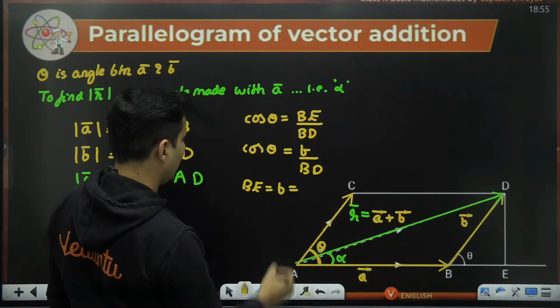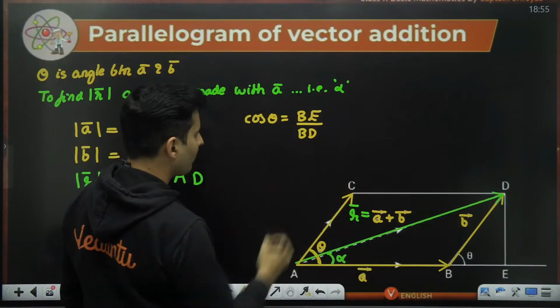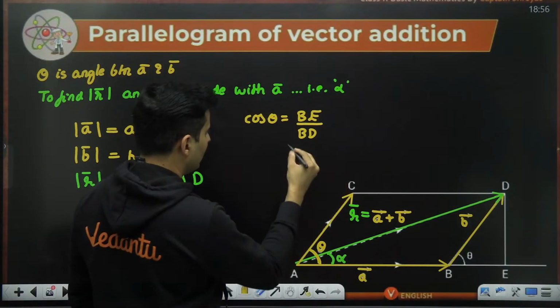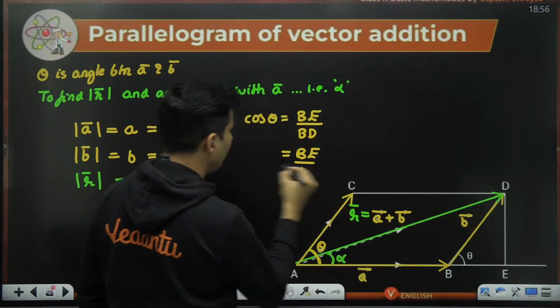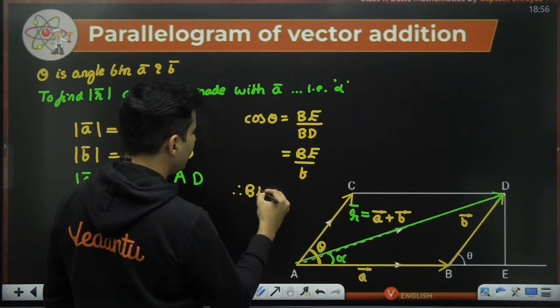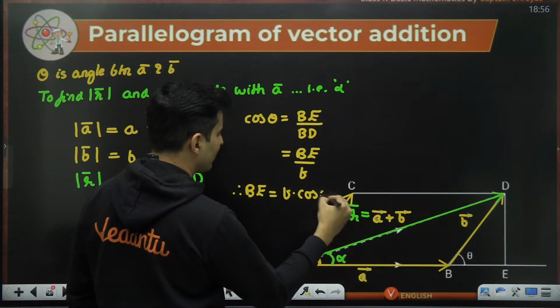Oops, sorry guys, I think I made a mistake over here. BD was B, not A. So my bad. This BE by BD, BD is nothing but B. Therefore, BE is nothing but B multiplied by cos theta.